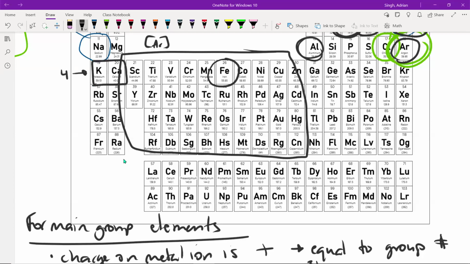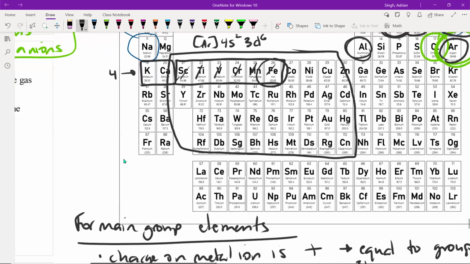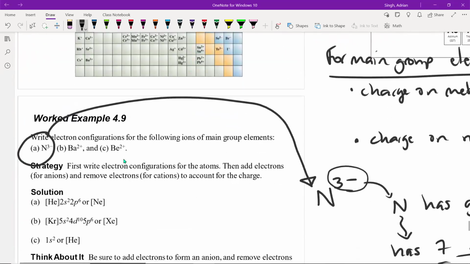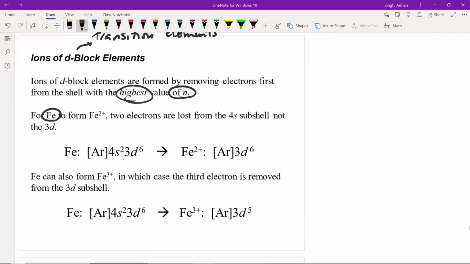So that'll be 4s2. Okay, remember when we get to the D, it's numbered 1 less than the 4. So we get to the 3d, we have to go across 1, 2, 3, 4, 5, 6 to get to iron, to Fe. So what actually happens with these D block elements is we actually lose the electrons from the highest value of N first.